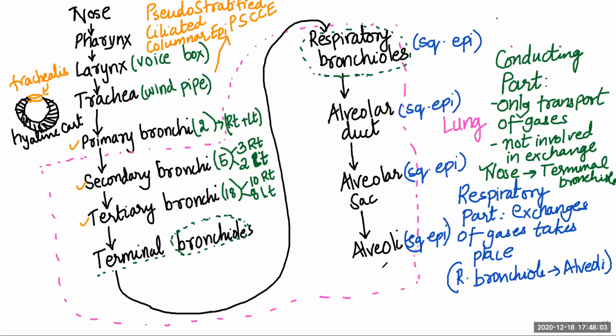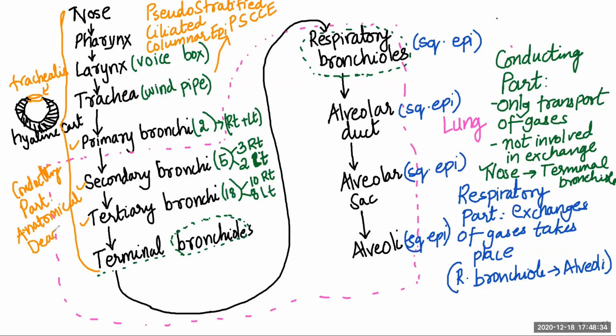So I can say from the nose to the terminal bronchiole, this is the conducting part. The conducting part is also known as the anatomical dead space.